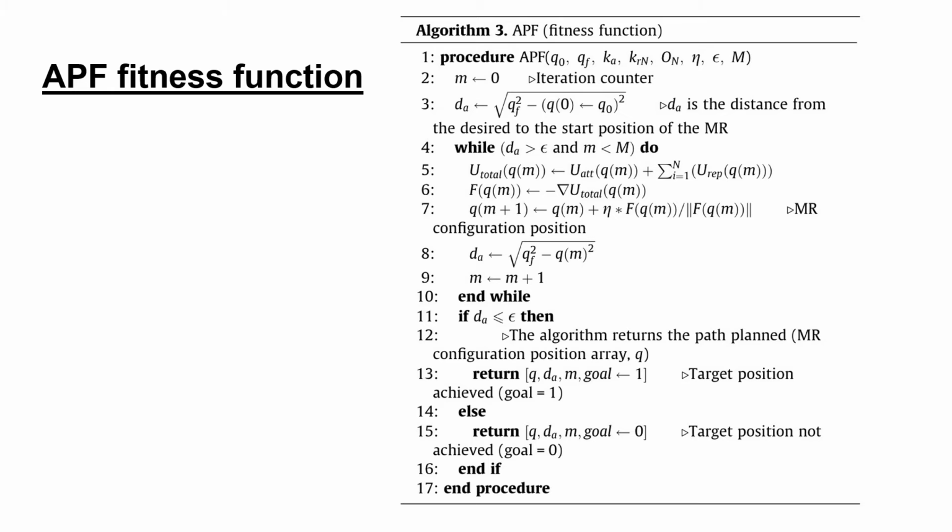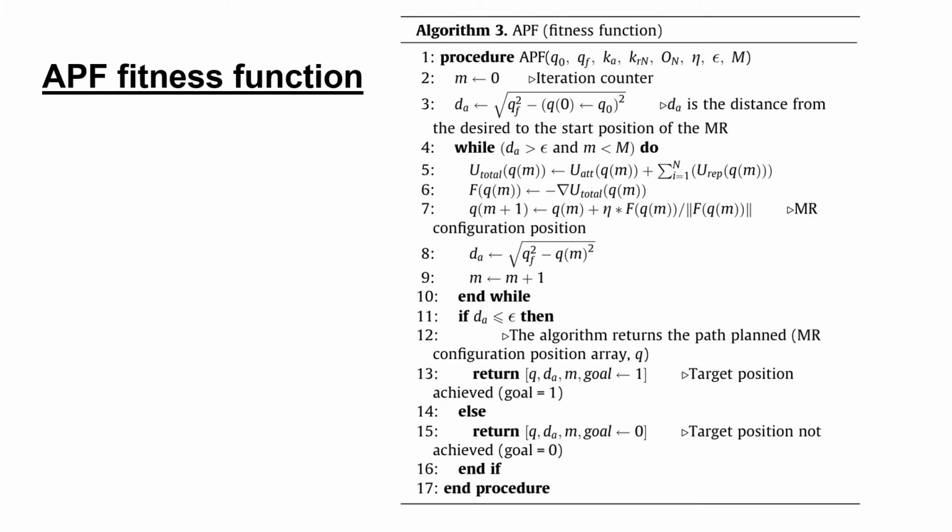The convergence radius epsilon can also be given by the user as an input to the algorithm. And the maximum number of iterations m represents the robot configuration position. The parameters epsilon and m are the algorithm stop conditions, as shown in line 4. Note that depending upon the number of obstacles, several Kr1 till Krn repulsive proportional gains may exist.